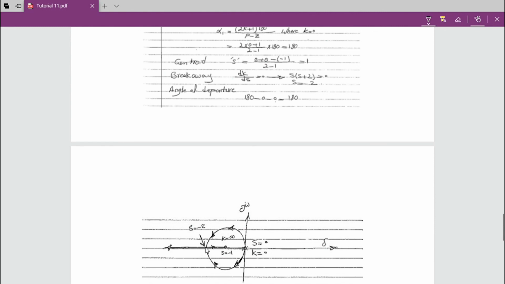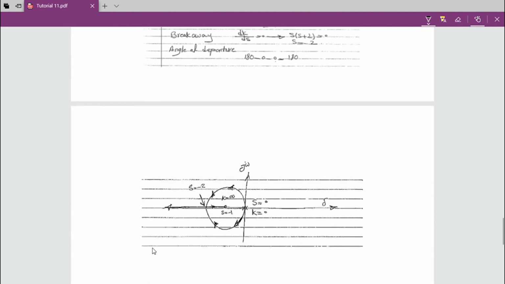So you get this, right. You also know that the root locus is symmetric about the real axis, so this side will be something like this. Your root locus plot will be something like this.